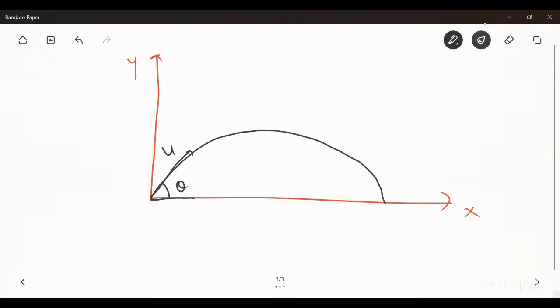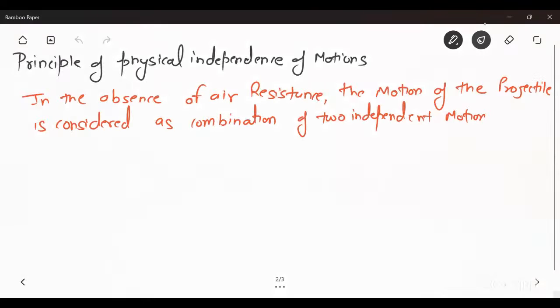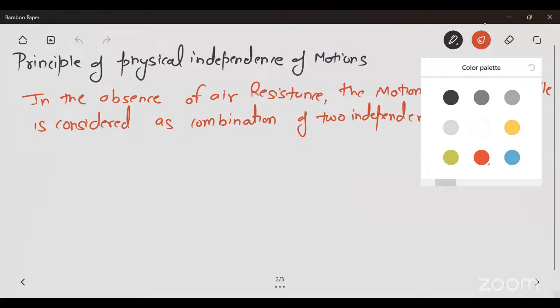Now it has two independent motions: the motion of the particle in the x direction and the motion in the y direction. ux is the horizontal velocity and uy is the vertical velocity. These are the two independent motions on which we describe projectile motion.